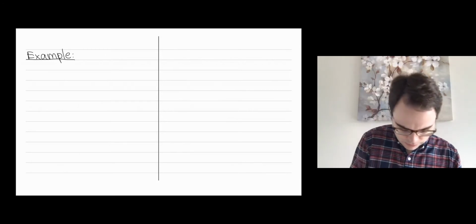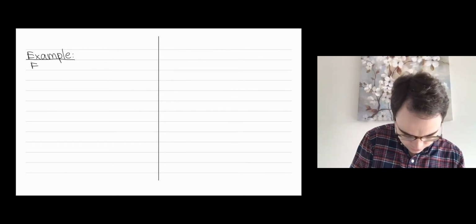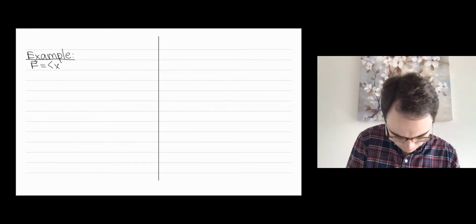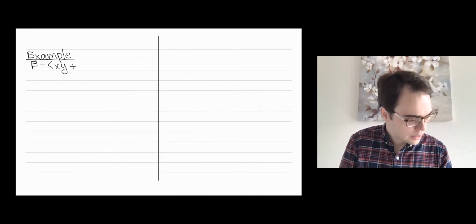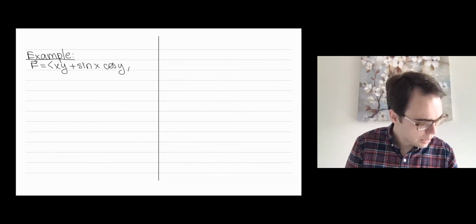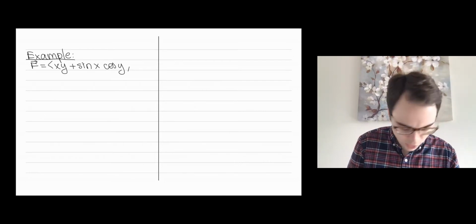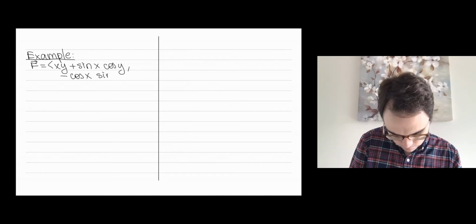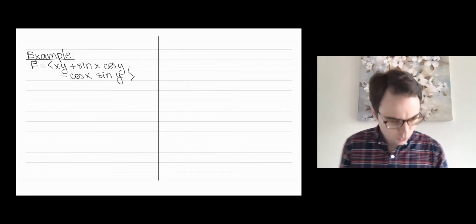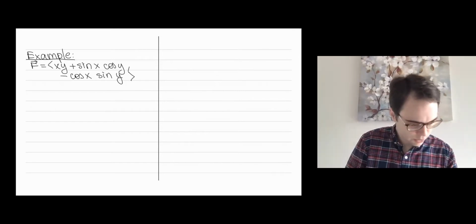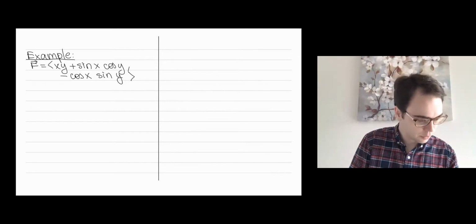For our example, the vector field will be xy plus sine x cosine y, and the second component will be minus cosine x sine y. All right, and our curve will be nice. It'll be just a square, or rather a rectangle.